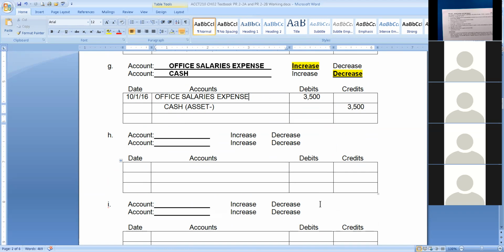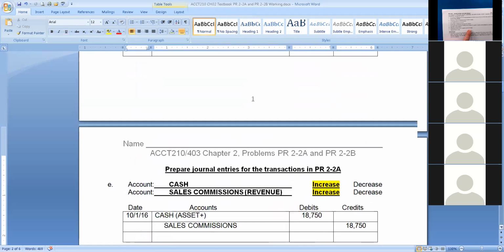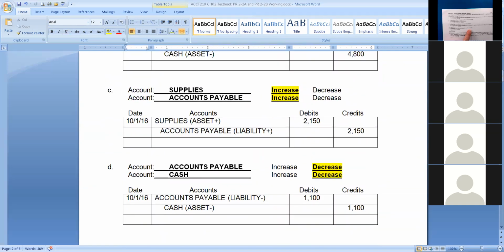H, determined that the cost of supplies used was 1,300. Okay, so we used up some of these supplies. We used up 1,300 of them. So the supplies were, where did we buy them? I don't know, up here somewhere. Okay, so these are the supplies.